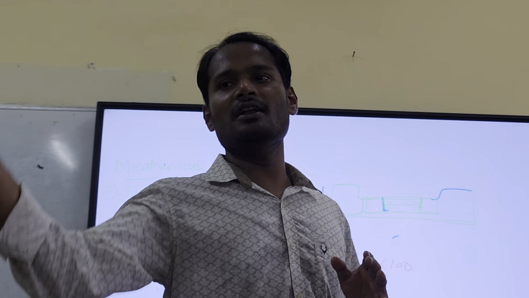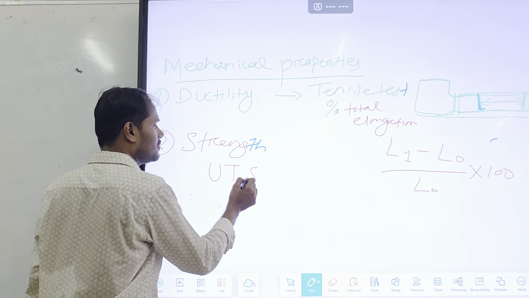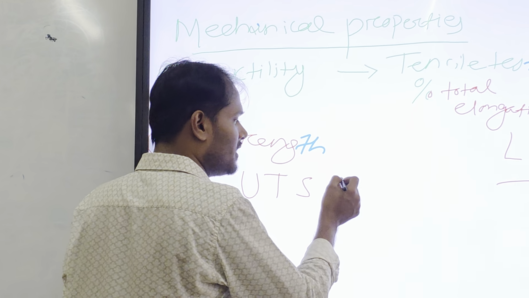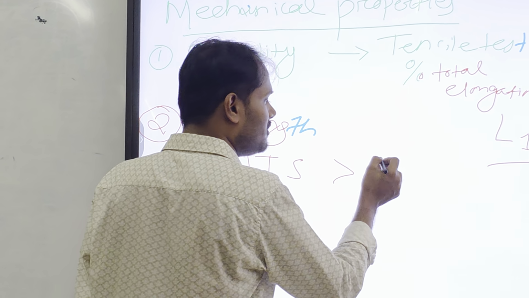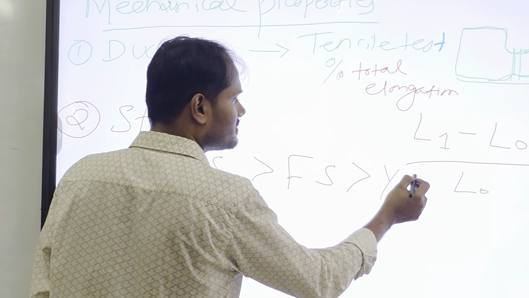One is yield strength, one is ultimate tensile strength, one is fracture strength. And the sequence will be in increasing order, and UTS will be the maximum. Most of the chance, always, it will be greater than fracture strength, and yield strength.